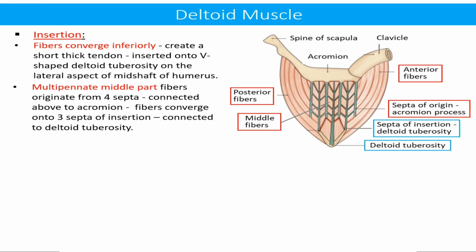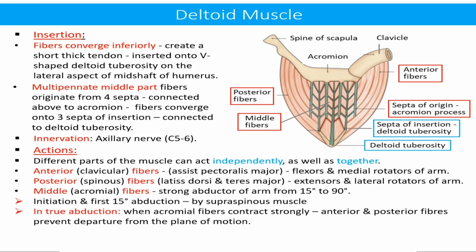Multipennate, or the middle fibers, originate from four septa connected above to the acromion. Fibers converge onto three septa of insertion, which is connected to the deltoid tuberosity. Deltoid muscle is innervated by the axillary nerve.